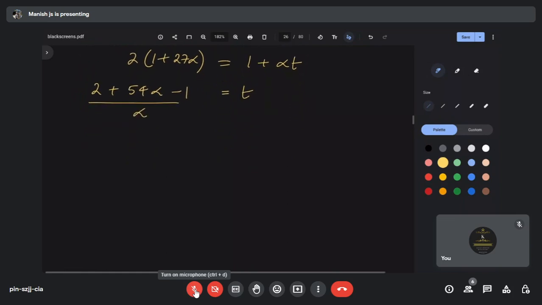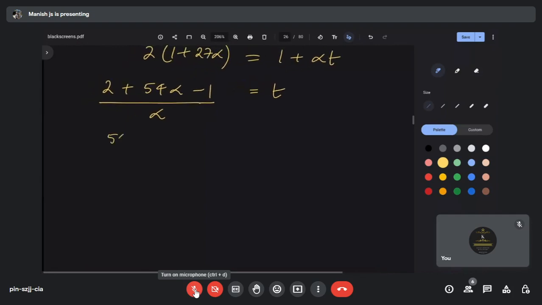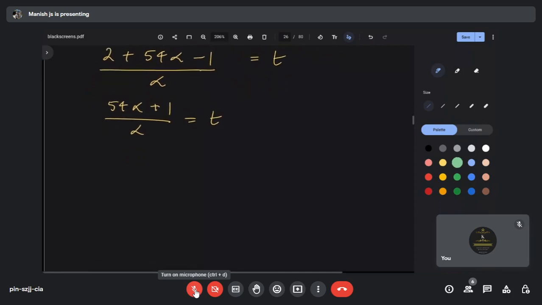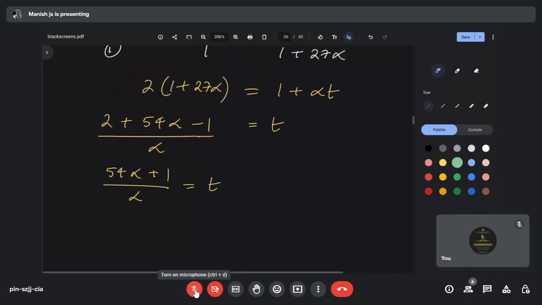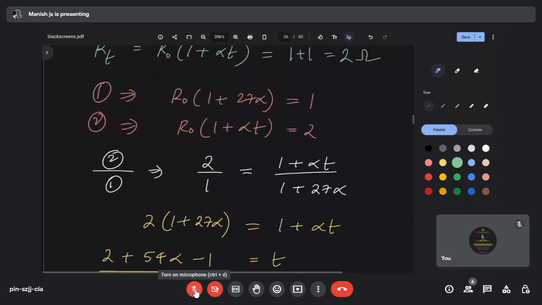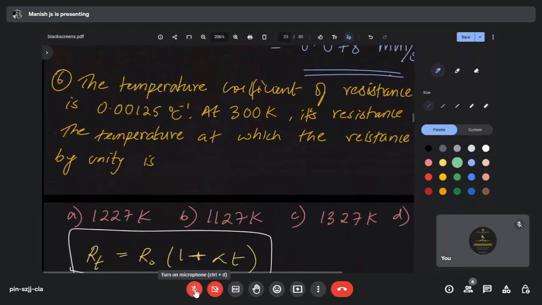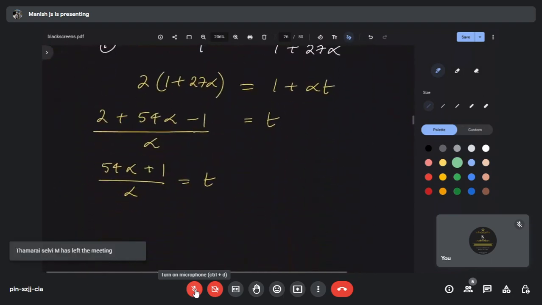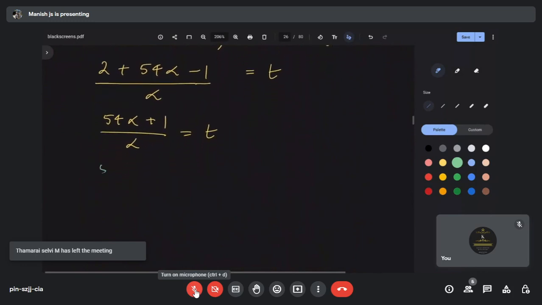Simplify that. 2 minus 1 is anyway 1. So 54 alpha plus 1 divided by alpha is equal to T. The alpha value is already given in the question, so you need to substitute here. As per the question, alpha is 0.00125, sir. Yes, 0.00125. Substitute.